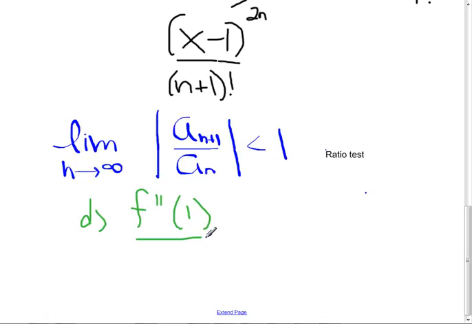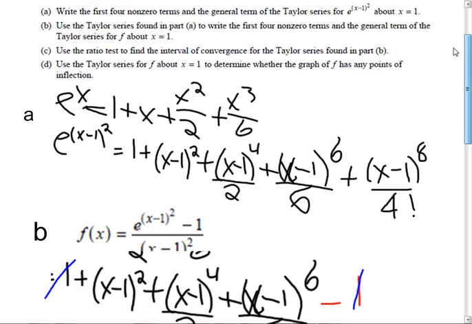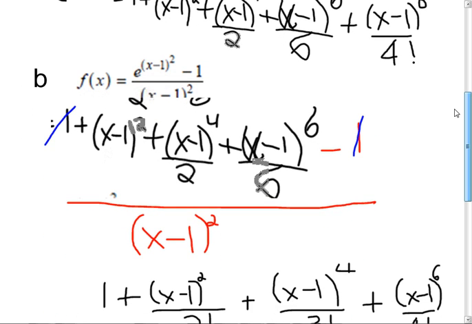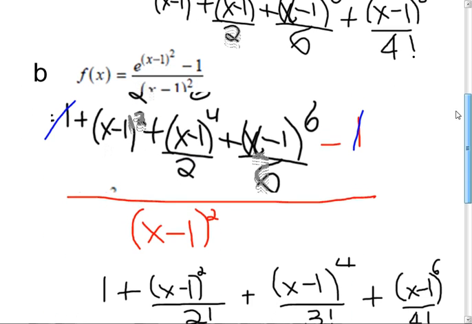Over 2 factorial equals. Oh, wait, we have to do a little bit more, don't we? Well, we have to see if they're candidates. What's F double prime? 1.